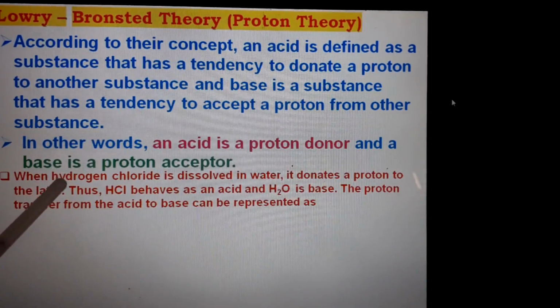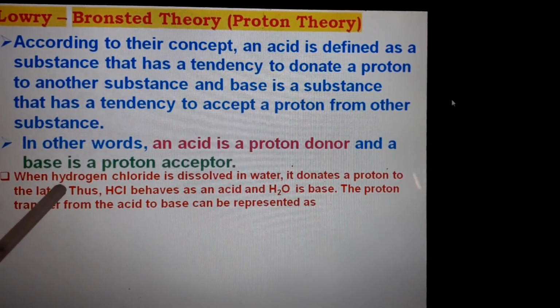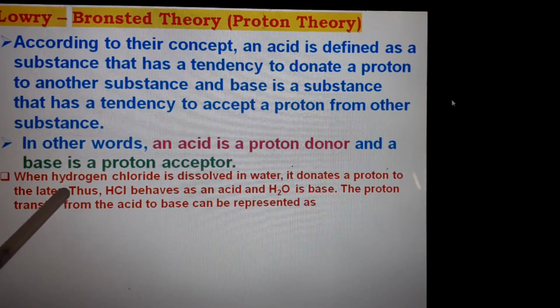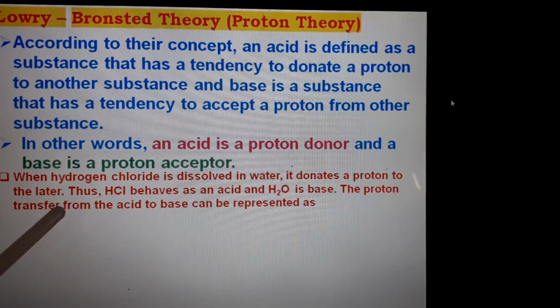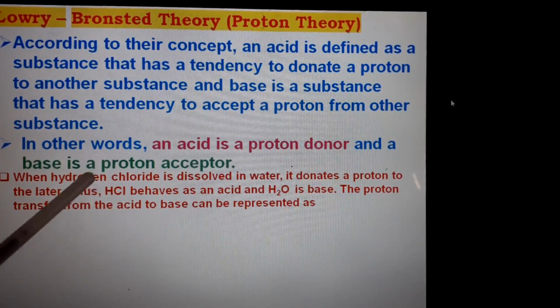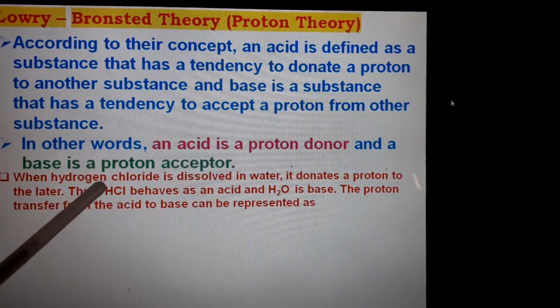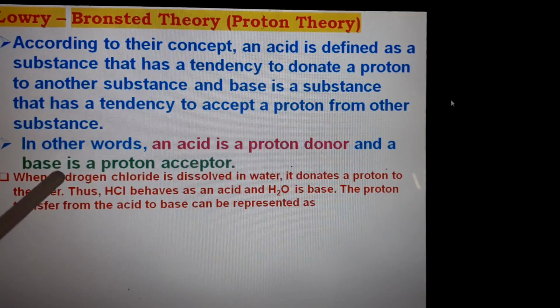For example, hydrochloric acid dissolved in water donates the proton to the water. The HCl behaves as an acid and H2O is a base, because HCl splits into H plus ion and Cl minus ion, and H2O takes the H plus.